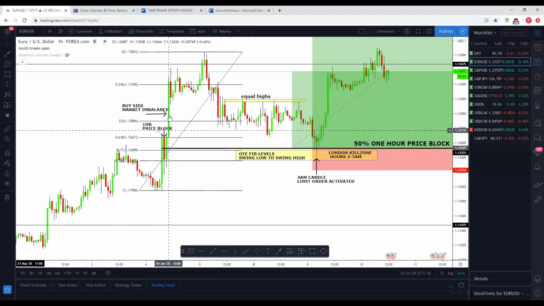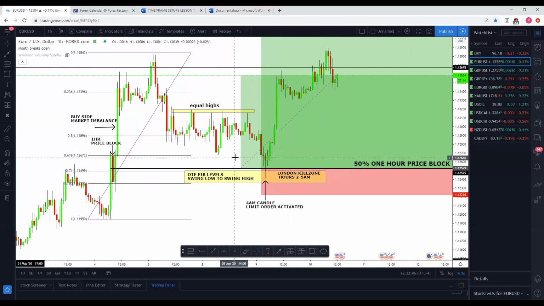We also had a market imbalance closure with a price block here, all coinciding with one another. So we have our OTE fib levels from the swing low here to the swing high, which is our 71 to 786. We have our London kill zone hour, so this candle activated my buy limits at 4 a.m.